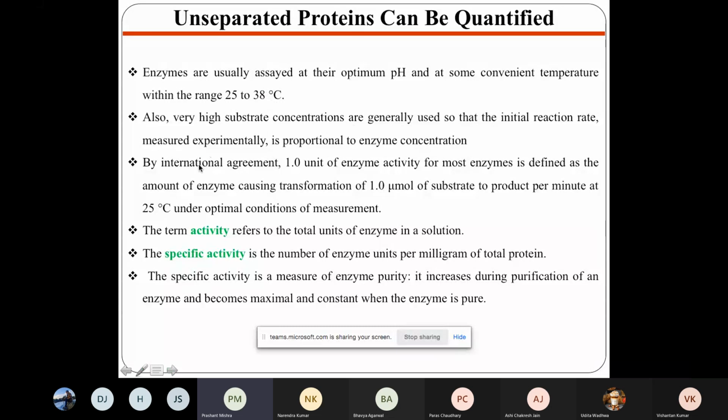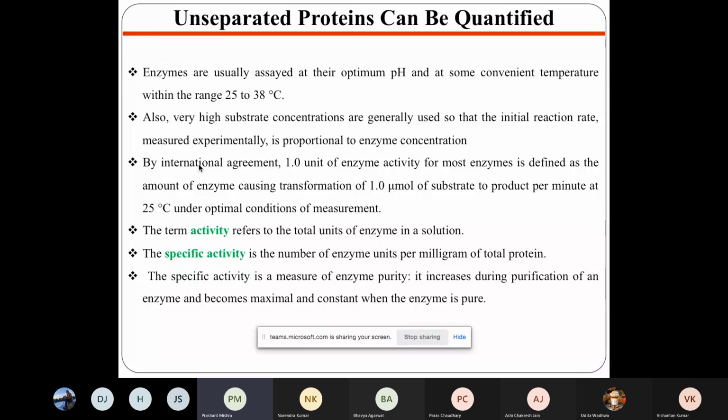And here I would like to define what is enzyme activity. Enzyme activity, as per the international agreement, as I told you earlier, there is an enzyme commission that, like IUPAC, also has certain guidelines. By that guideline, 1 unit of enzyme activity for most enzymes is defined as the amount of enzyme causing transformation of 1 micromole of substrate to product per minute at 25 degrees.